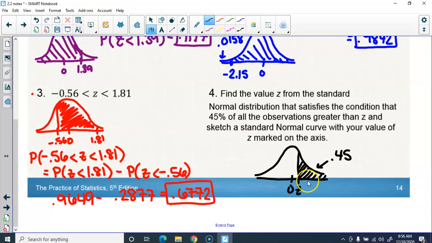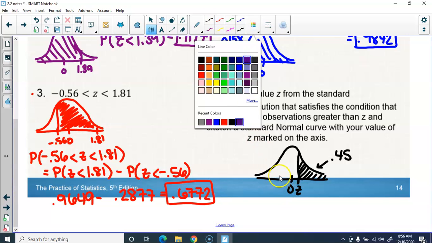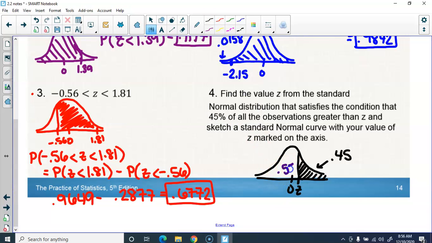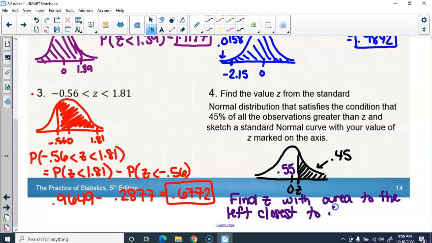Since all of the numbers on the table specifically give us area to the left, I know that the area to the left of whatever the Z is, is 0.55. So I'm going to find a Z with area to the left closest to 0.55, because it probably is not going to be exactly 0.55.